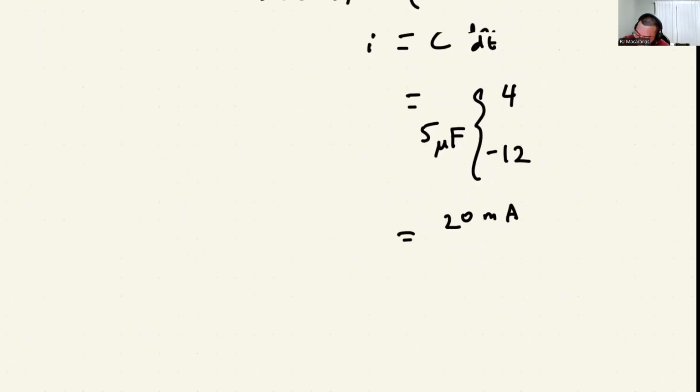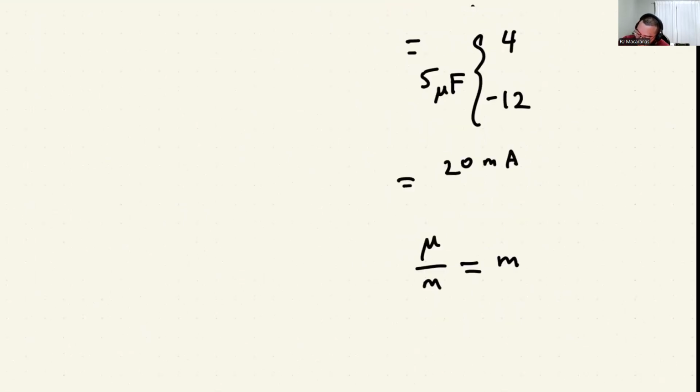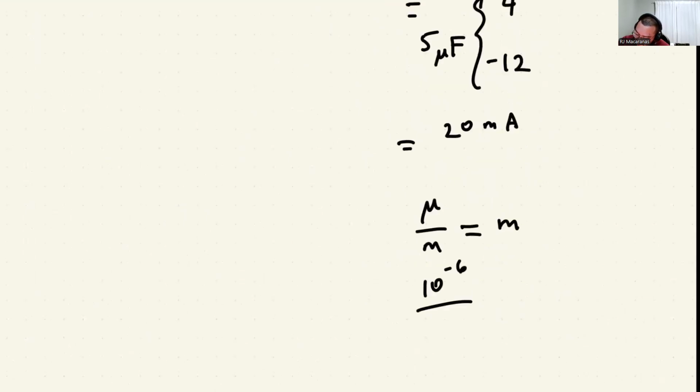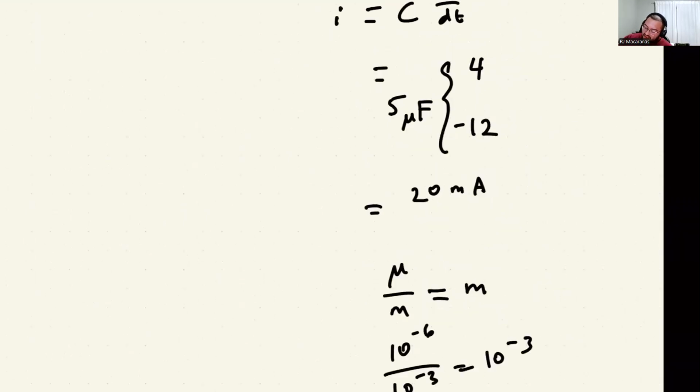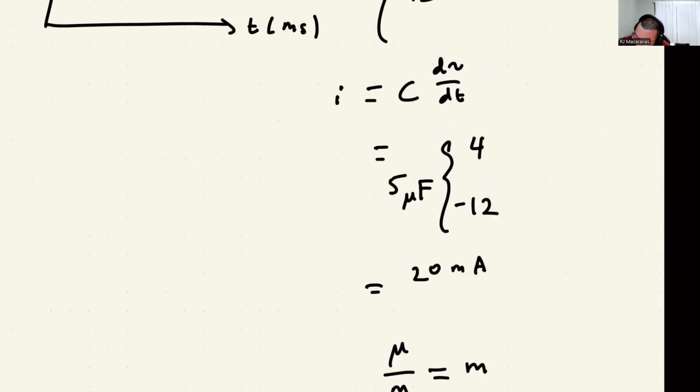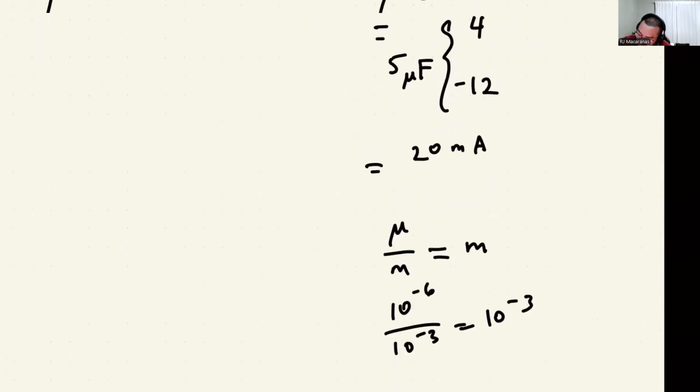If I write it out, micro over milli, 10 to the minus 6 over 10 to the minus third, is milli. Sorry, it's kind of going all over the place for this example, but basically I've got 20 milliamps there, and then I've got minus 60 milliamps in the second interval.